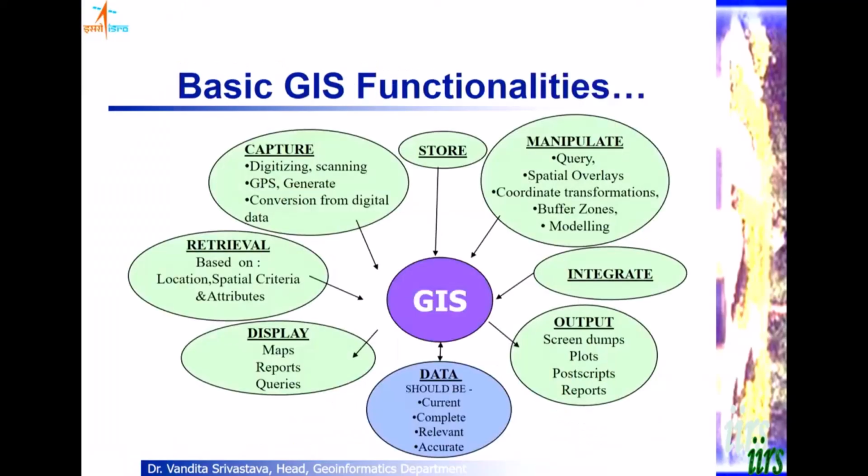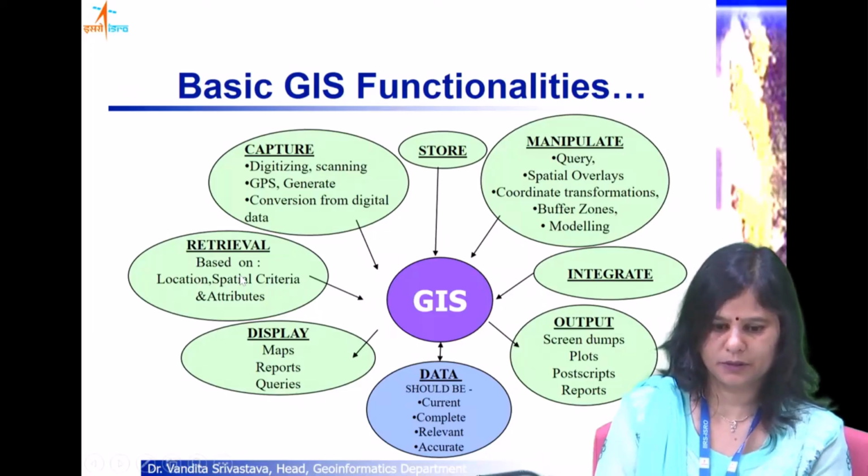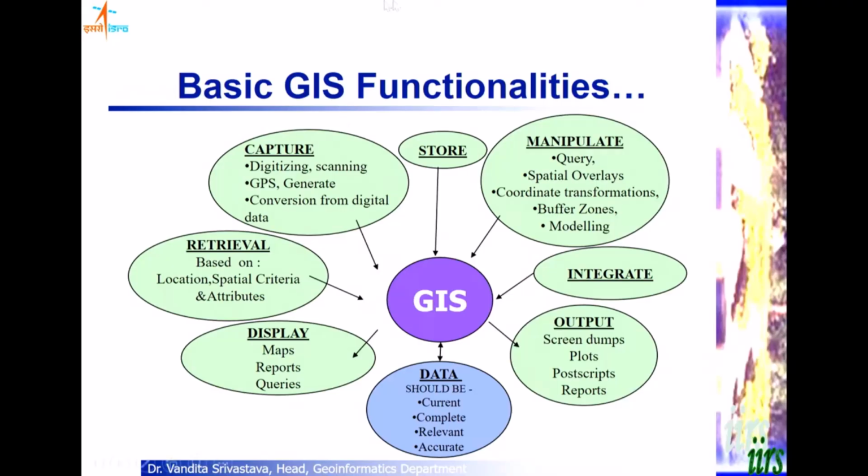So having talked about the functions of GIS, this is a little detailed list of sub functionalities within each heading. In retrieval, you should have retrieval based upon location, spatial criteria and attributes.